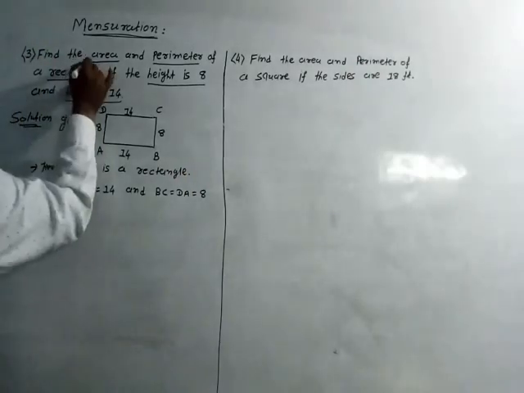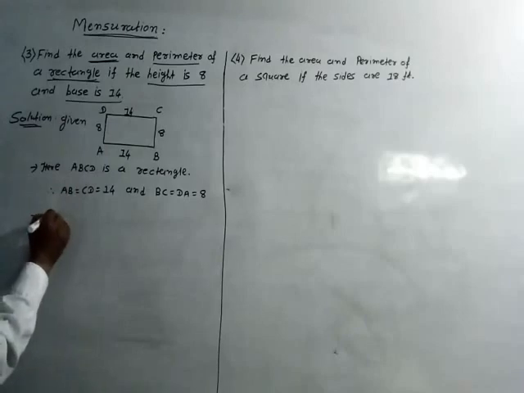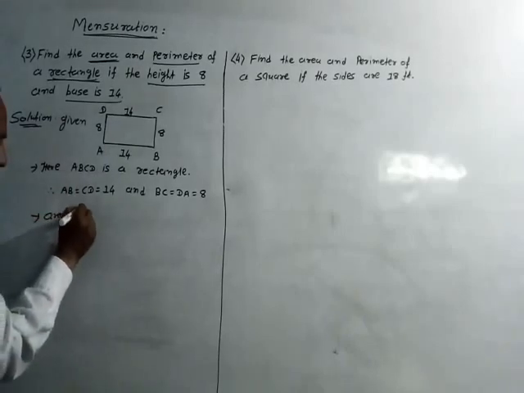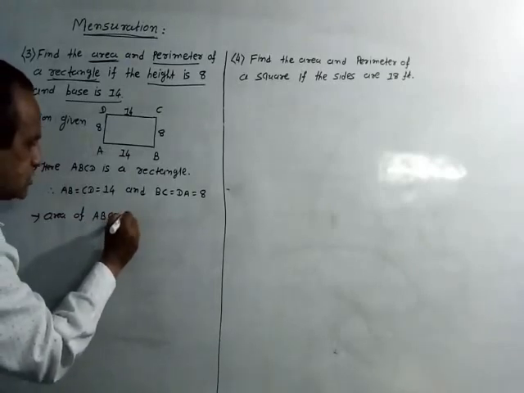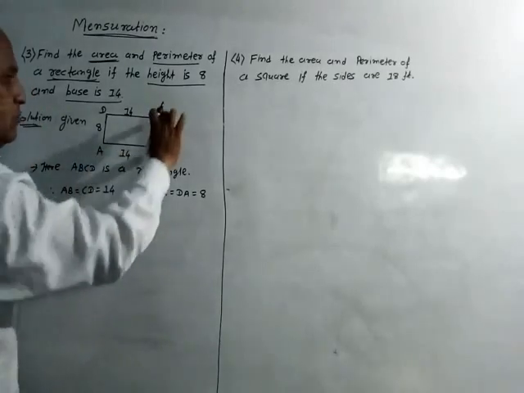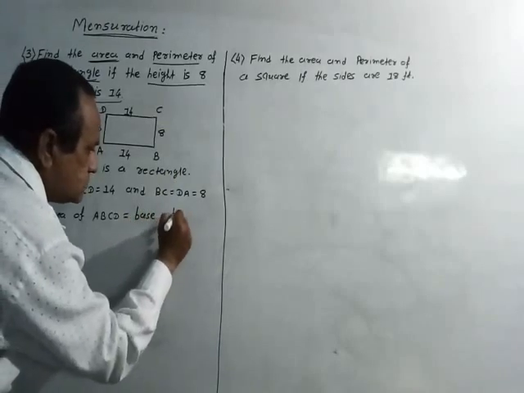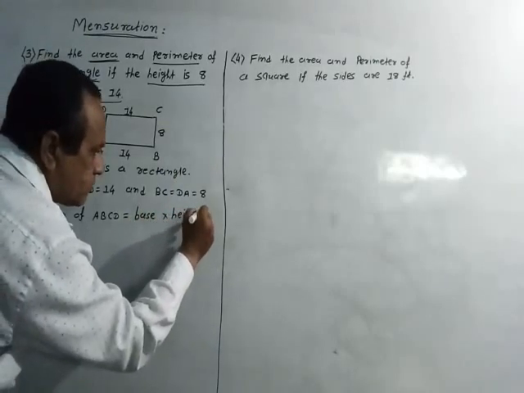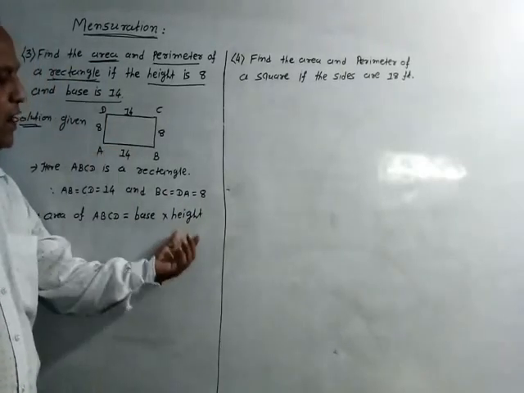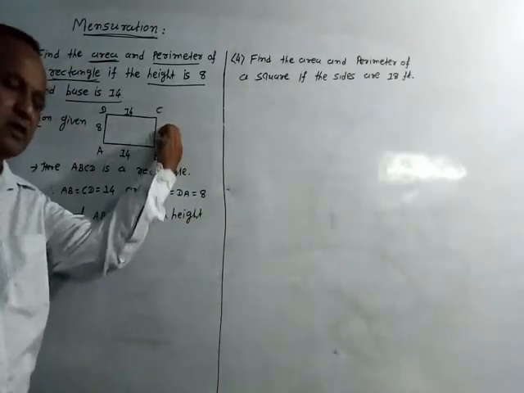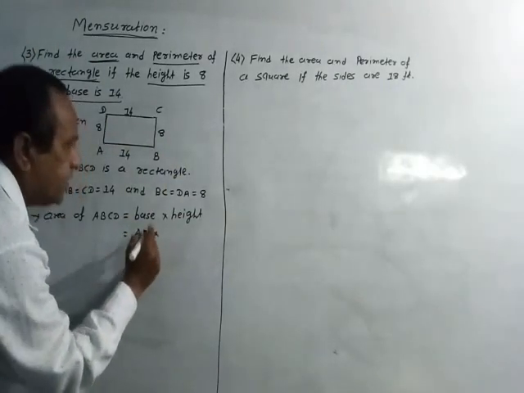Now first find the area of the rectangle. So area of rectangle ABCD is equal to base multiplied by height. Here base is AB and height is BC. So base AB multiplied by height BC.